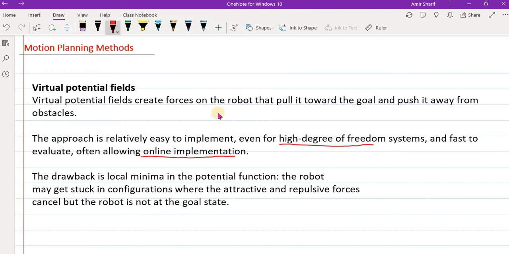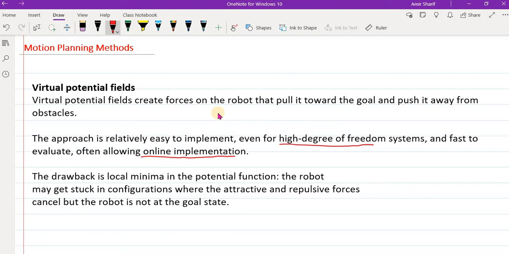The previous methods that we were discussing might be used online but not easily. They are mostly used offline, but not always. There are some variations where you can also use them online, but mostly they are used for offline planning. But this virtual field method can be used online, so they're fast.